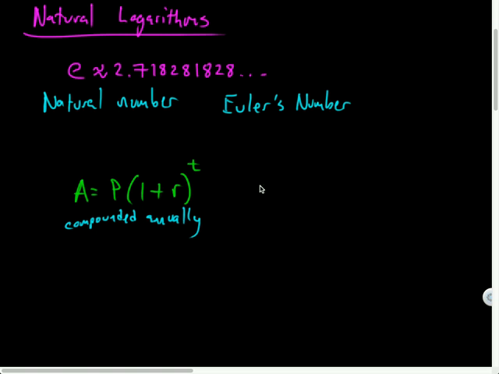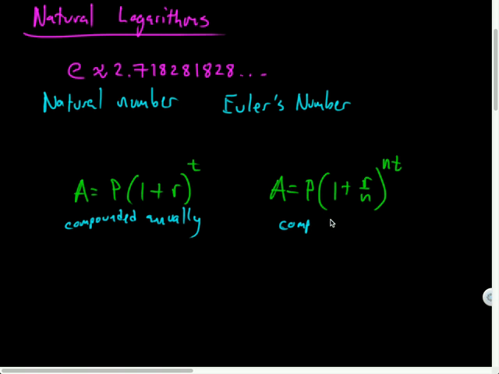Similarly, there's a formula for compound interest: A equals P times parentheses 1 plus R over N, all to the NT, where this is a formula for calculating how much money you earned by compounding the interest N times per year.